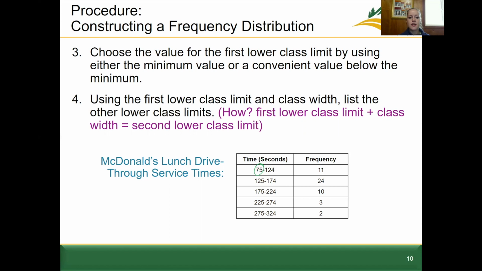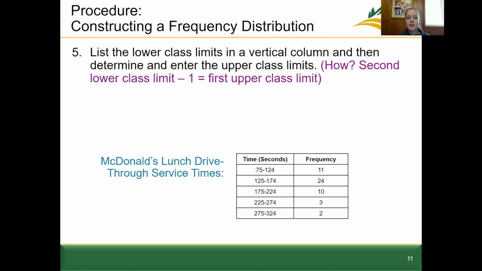Step 4, using the first lower class limit and the class width, list the other lower class limits. We take our first lower class limit that we decided on in step 3 and add the class width, which is 50. Now we should see that the next lower class limit is 50 greater than our first lower class limit. Again, we'll go through an example of this.